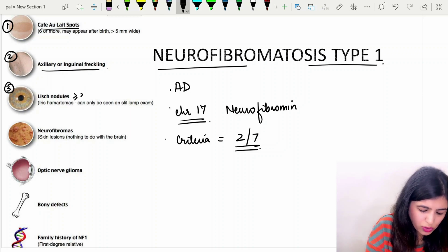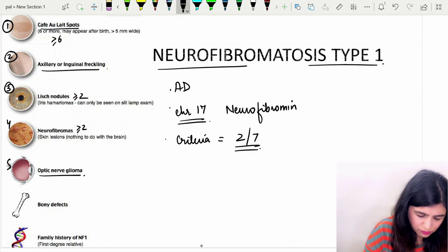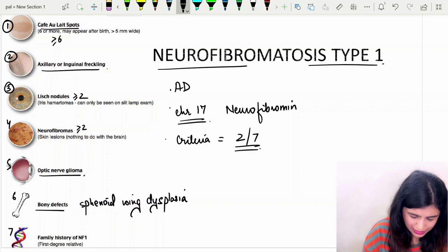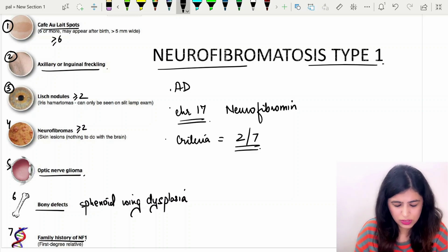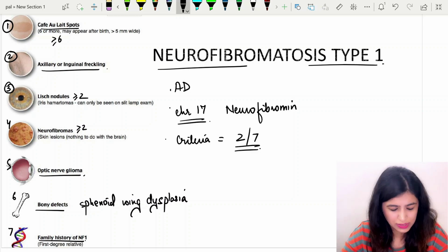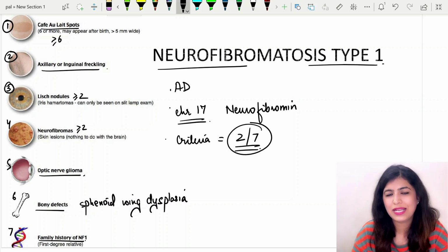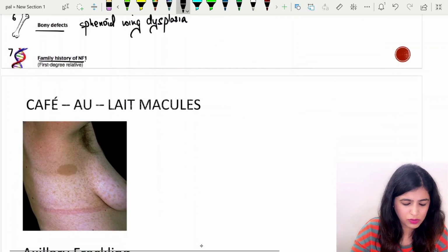You have to have 2 or more leash nodules, 6 or more cafe-au-lait macules, 2 or more neurofibromas, then optic nerve glioma, bony defects like sphenoid wing dysplasia, and a family history of neurofibromatosis in a first degree relative. So out of these 7 criteria, you have to have at least 2 to make the diagnosis.